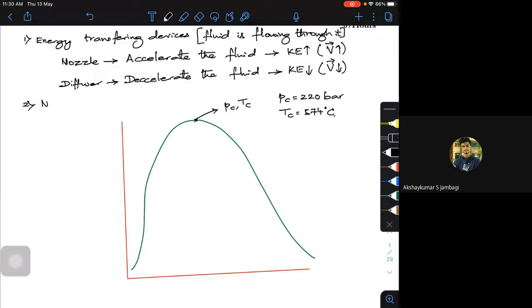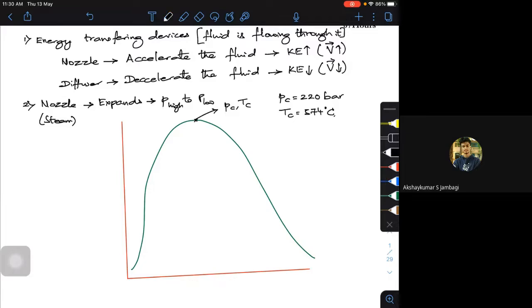When a nozzle, especially a steam nozzle, expands from a high pressure to low pressure, how does this happen? If I try to draw the isotherms, see how the isotherms will be going on this HS diagram.